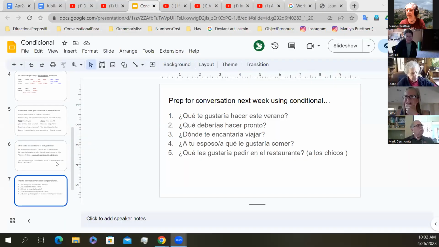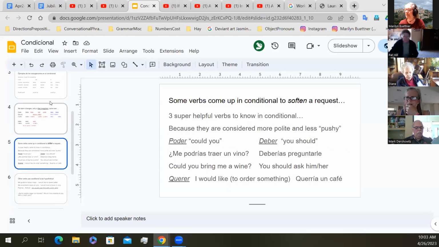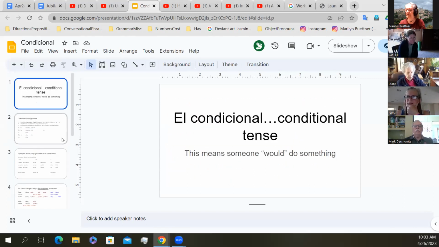I'm going to show the screen, if you would like to pull up the files, which came from these files on El Condicional. If you need to pull up a file on your computer or print that kind of stuff, that is the item you will need for today's class.